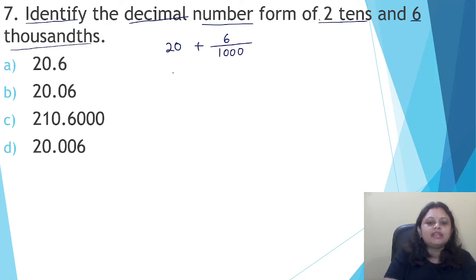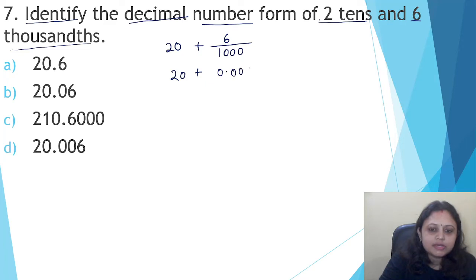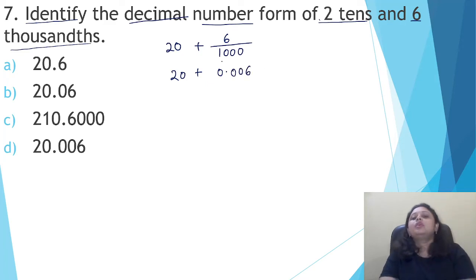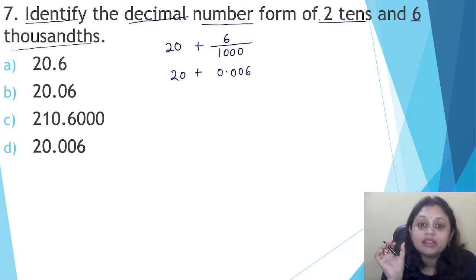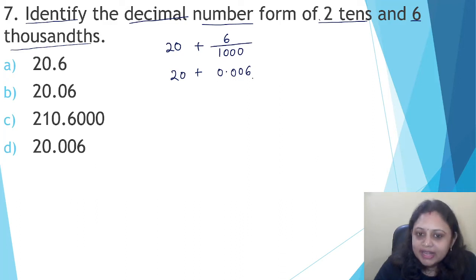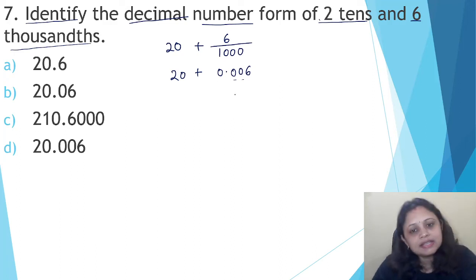So 20 plus 6 by 1000 means 0.006. After 1, 3 zeros are there, so after the decimal we have to write 3 digits. One digit is 6, but we will write 6 in the last, and before 6 we will put 2 zeros. Why write 6 in the last?